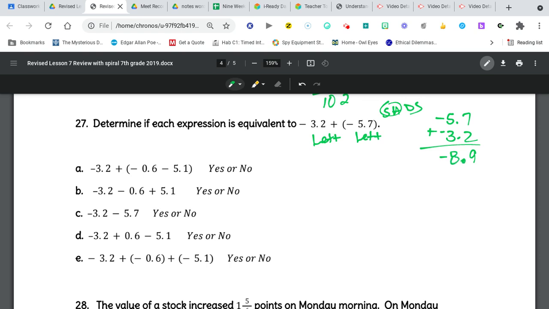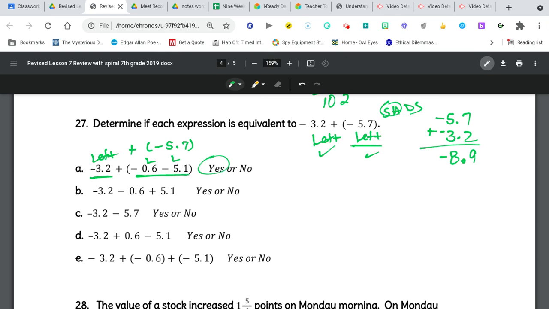Okay. All right, so let's take a look at this one. This is to the left, -3 and 2/10. That checks out with that. I just need to make sure it goes to the left, -5 and 7/10. So let's see what this one gives me. But both of these go left. So if I added those, it would be plus -5 and 7/10, which is also to the left, that -5 and 7/10. So that's a yes.